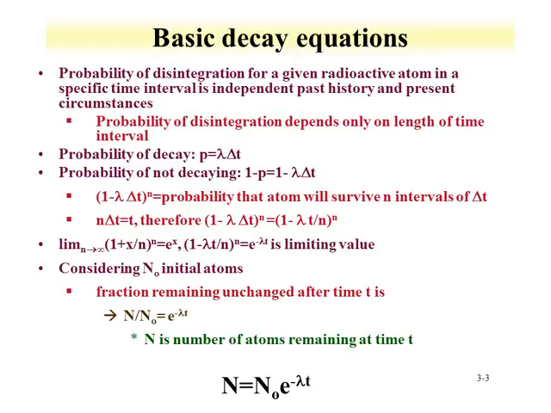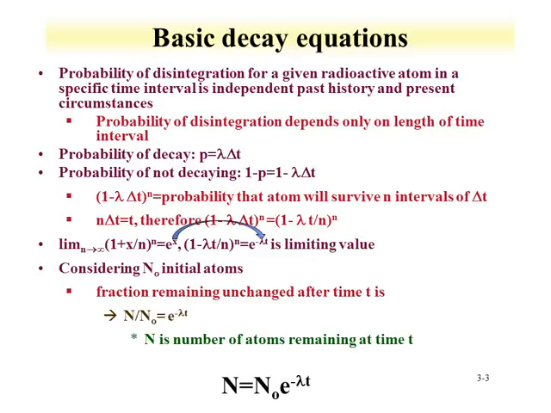Now if I extend this to the probability that an atom will survive n intervals of this time, I get the equation that's listed here. If I take the limit of this equation as n goes to infinity, I have a generalized equation. Applying that to our decay constant equation, e to the x becomes e to the minus lambda t.